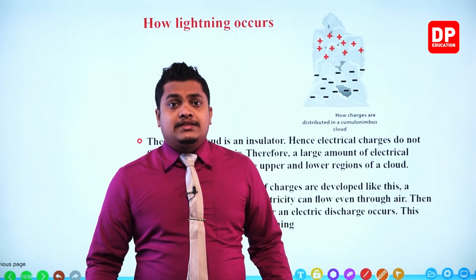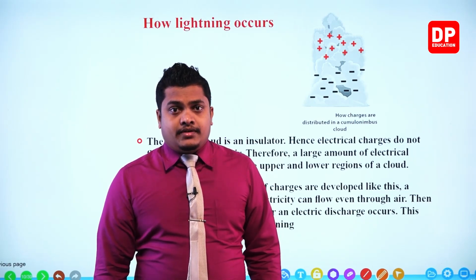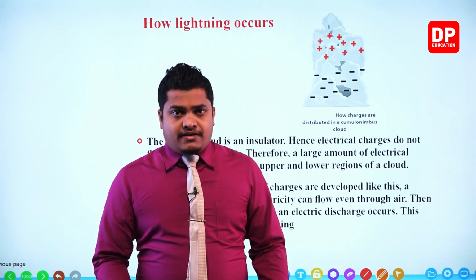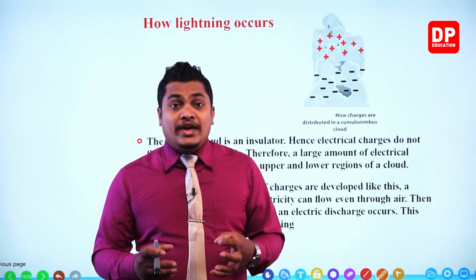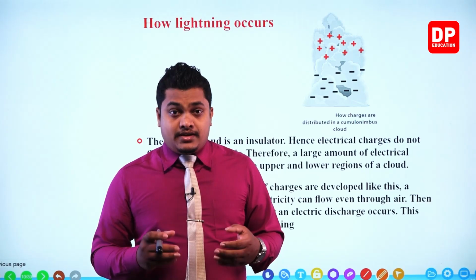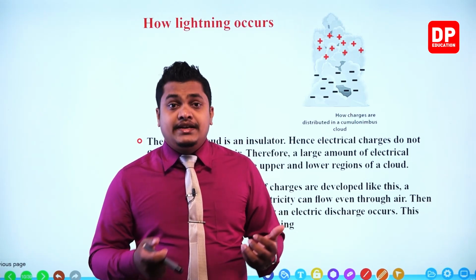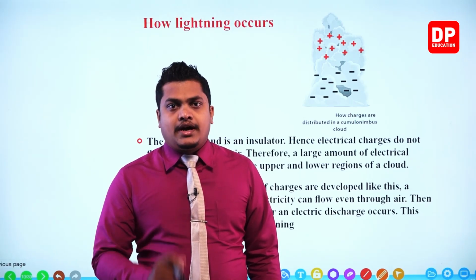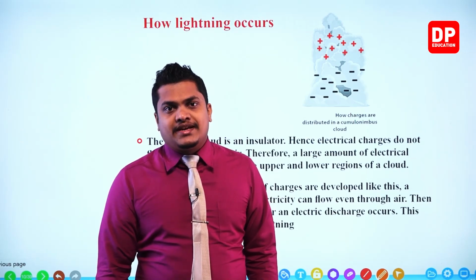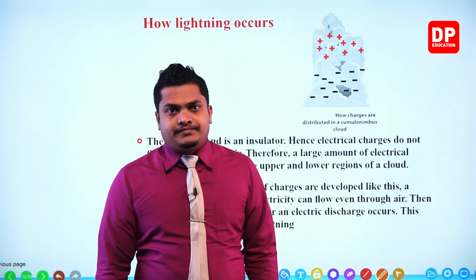It's even enough, this electricity, to flow even through air. Air is a good insulator, but still it is going to flow because of the high potential difference which is getting created at either side.